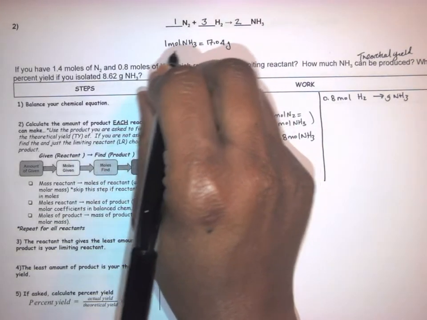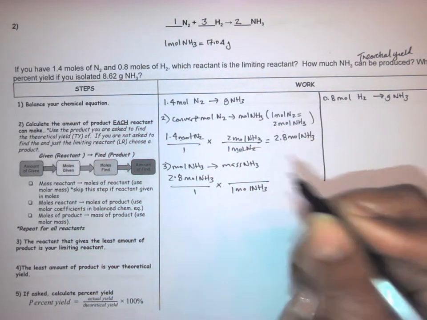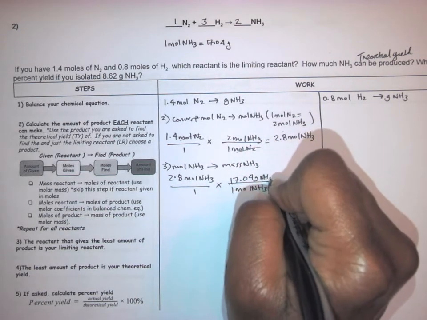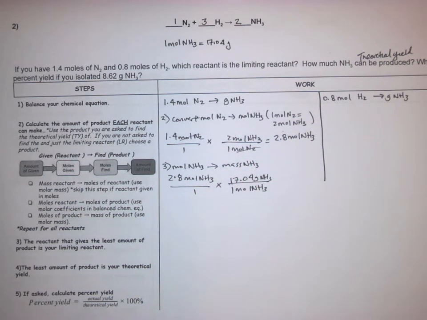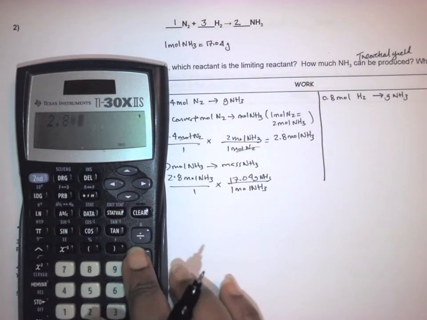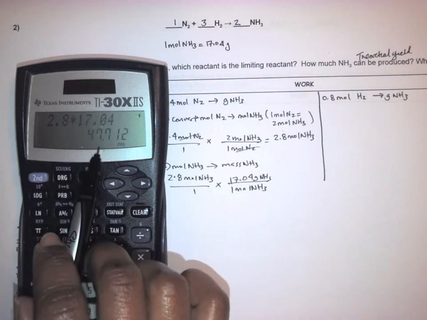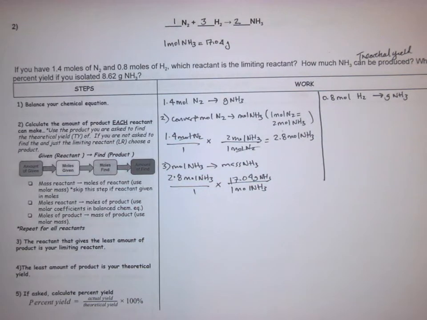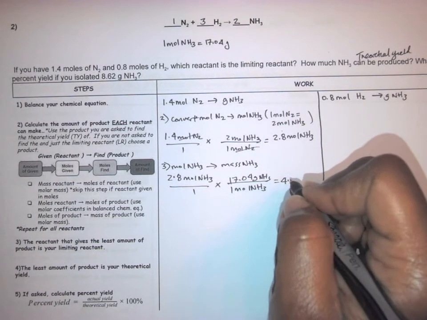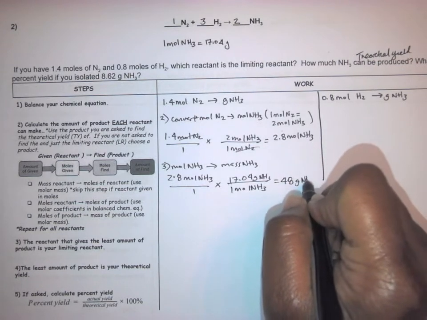So the 1 mole of NH3 goes on the bottom to cancel those out. And then the 17.04 grams NH3 goes on top. So we're just multiplying these two values. And you get 47.7, which if we're using sig figs will be 48 grams of NH3.